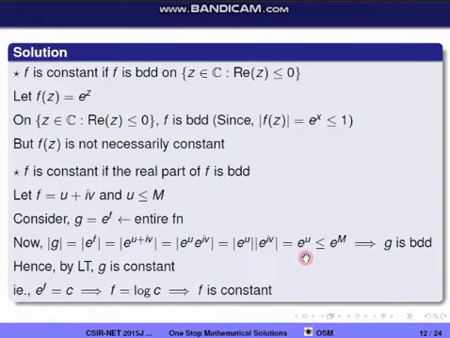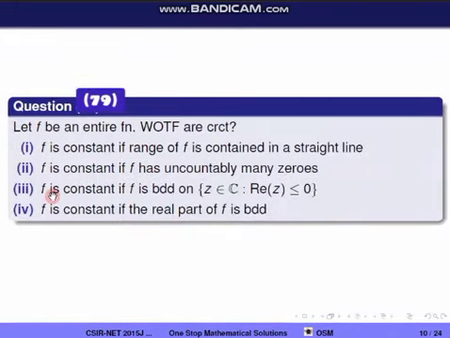So from this we get mod g is less than or equal to e power m, that is g is bounded. So hence by Liouville's theorem, g is constant, that is e power f is equal to c. That is taking log on both sides, we will get f is equal to log c, that is f is also a constant. So this option is also correct. So we will check the correct options. So the correct options are 1, 2 and 4.